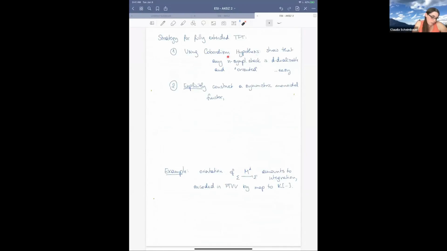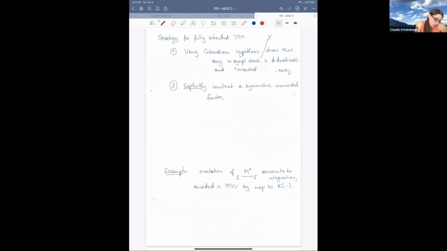It says that any fully extended TFT is given by its value at a point, and I can actually characterize the values that this can take. So we can get these fully extended TFTs by showing that any n-symplectic stack, so that will be my X, my target, is dualizable.